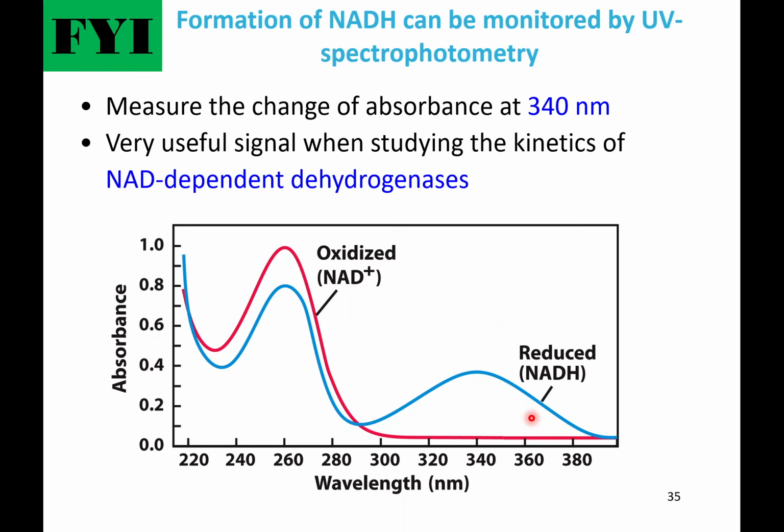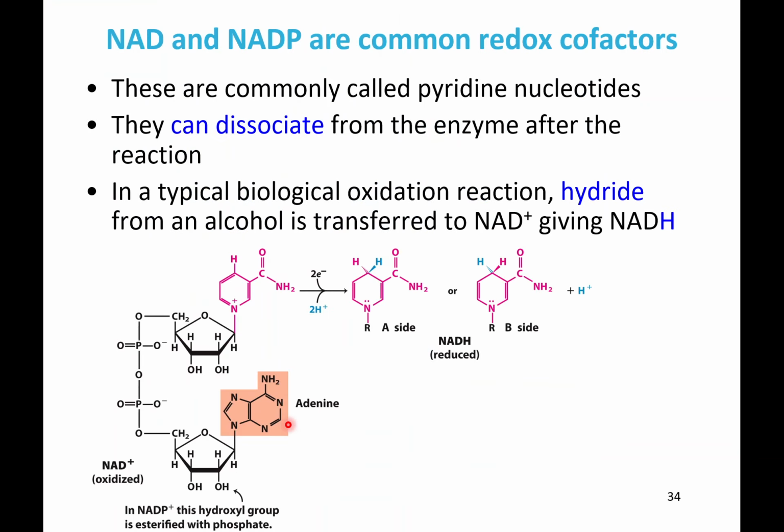Right. And I should also mention, this is NAD plus. That's the oxidized form. This is what we refer to as NADH, which is reduced form. So NAD plus is oxidized, NADH is reduced. Right. That's a lot easier writing those abbreviations than drawing this whole molecule out. Okay, so we tend to use these abbreviations.